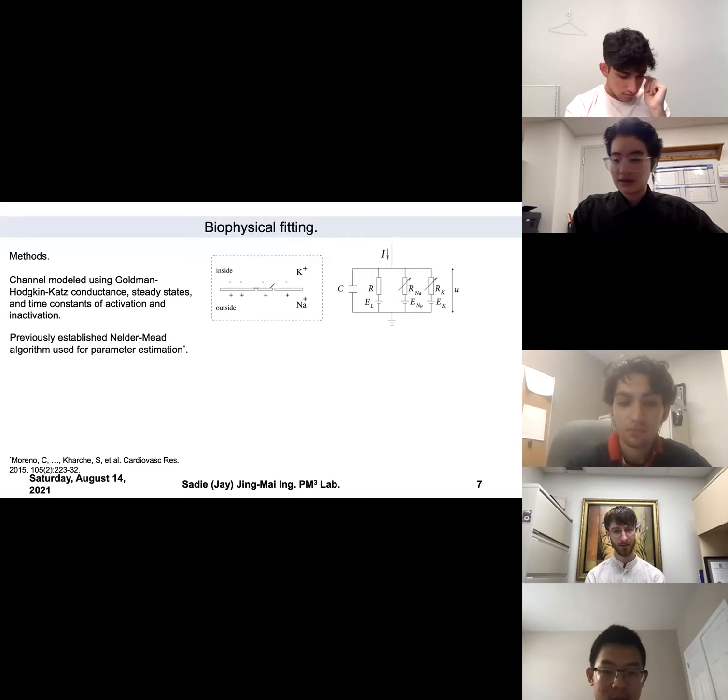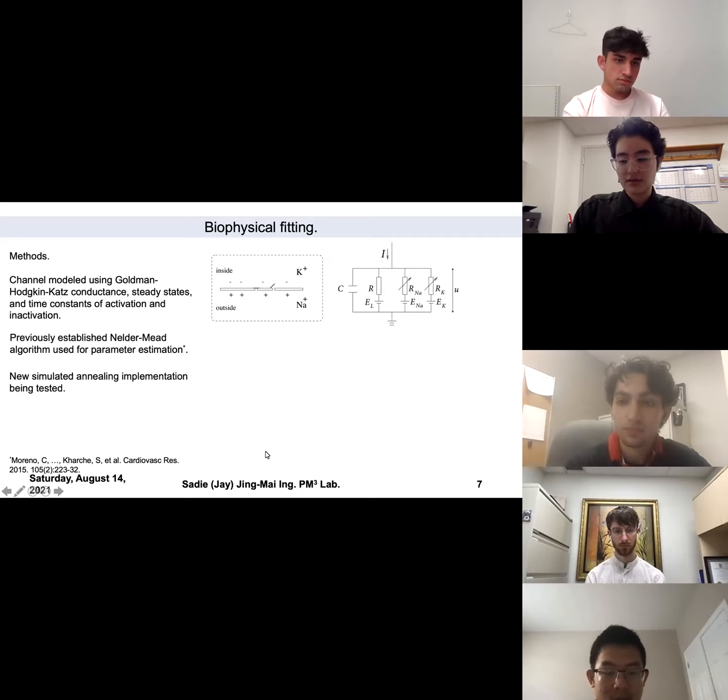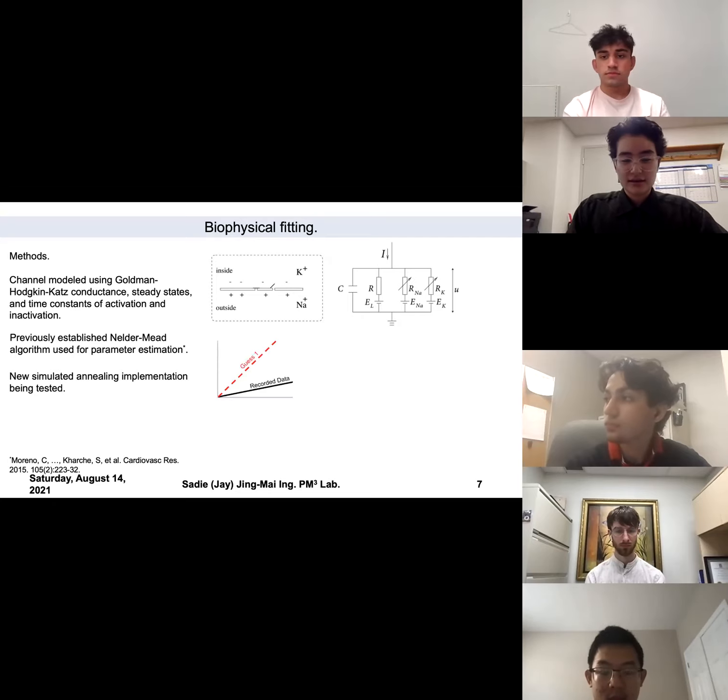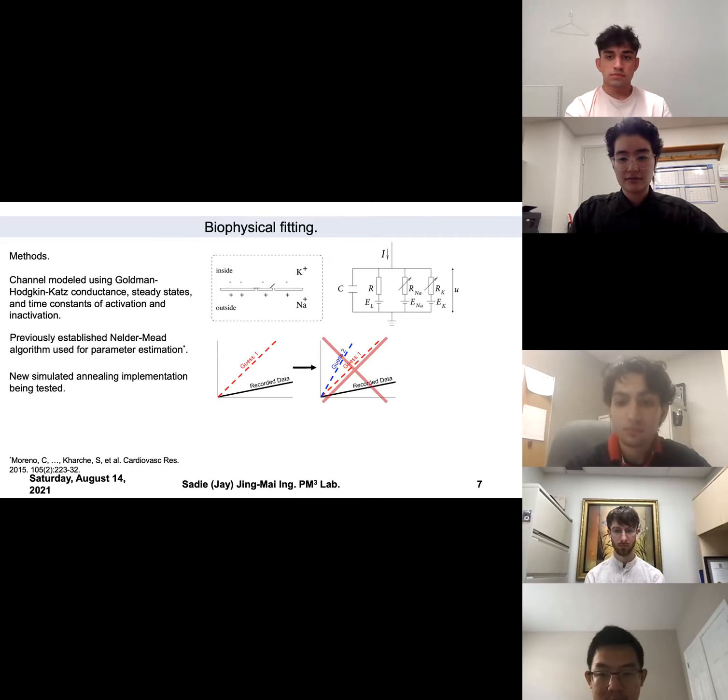We also estimated our values using a previously established Nelder-Mead algorithm, which Dr. K talked about in his presentation yesterday. I also assisted in implementing a new simulated annealing method, which simply put is trying to make a guess and then more guesses and seeing if those are better.